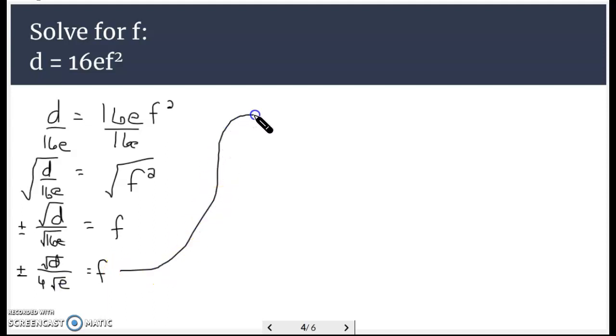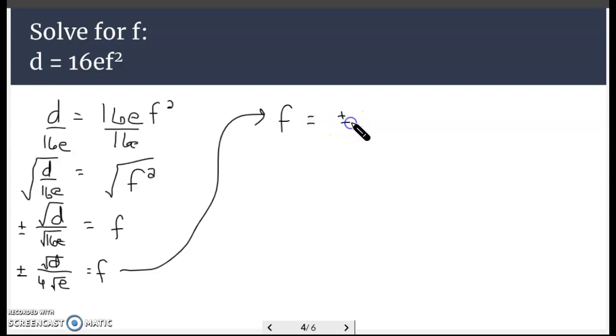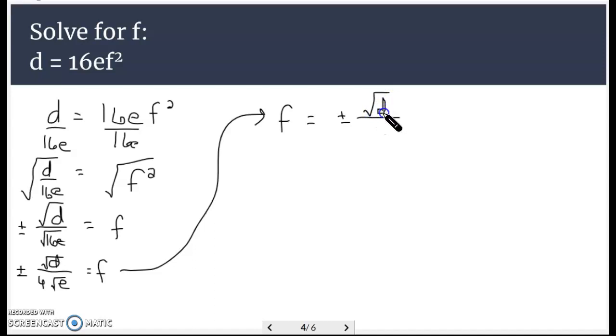Alright, I'm going to rewrite this up here so we have a little more room to work. I'll just write f first, plus or minus square root of d in the numerator, 4 square root of e in the denominator. Now what I'm going to do is called rationalizing the denominator. Basically it's multiplying by the number 1.